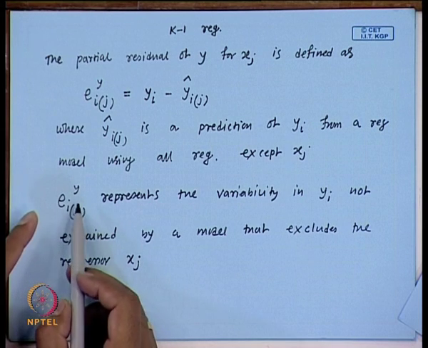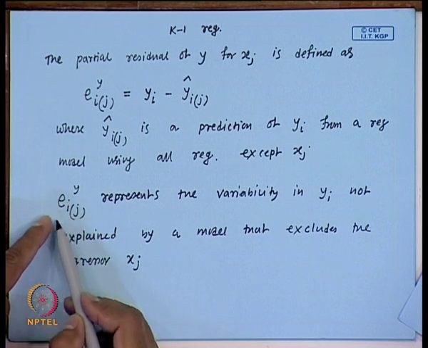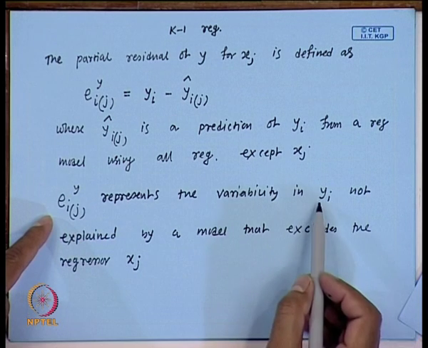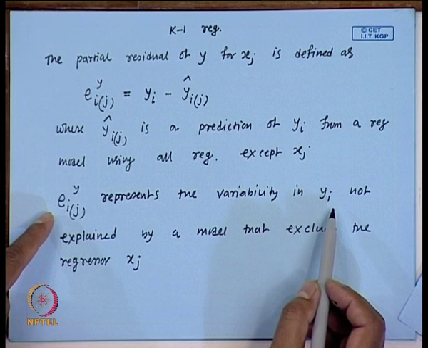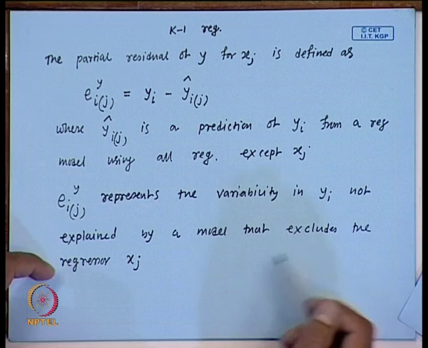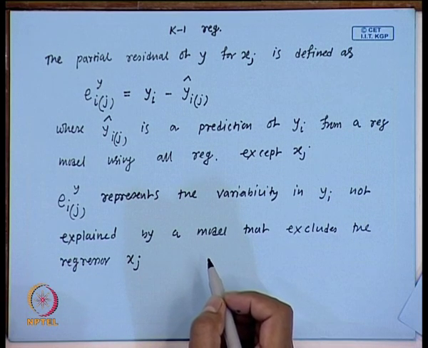So, this is the part of variability in yi which has not been explained by all the regressors except xj. Okay.